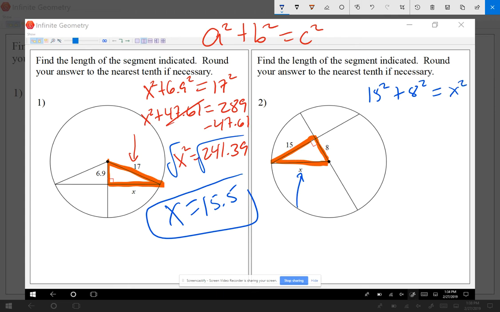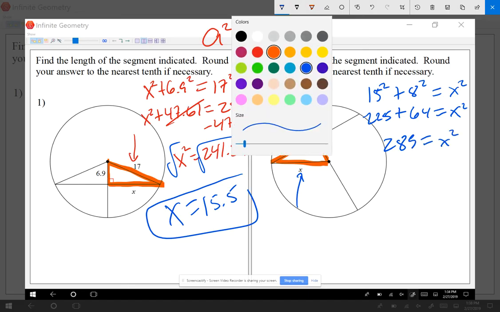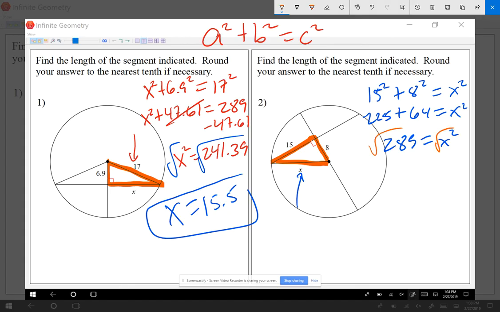I leave x squared by itself because that's my hypotenuse. 15 squared is 225. 8 squared is 64. And all this is equal to x squared. 225 plus 64 is 289. So 289 equals x squared. Let me get the square root on each side to find out what x is. The square root of 289 is 17.